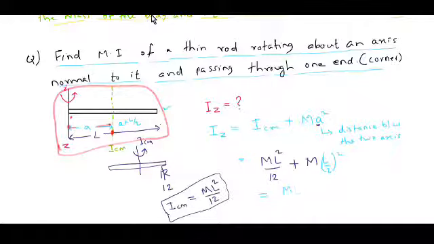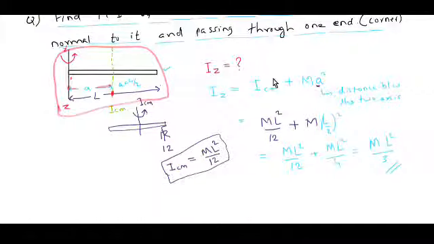This will be m l square by 12 plus m l square by 4. This will be m l square by 3. Actually we have derived this expression in the previous class, the moment of inertia of the stick about an axis passing through the corner, that we derived yesterday, m l square by 3.